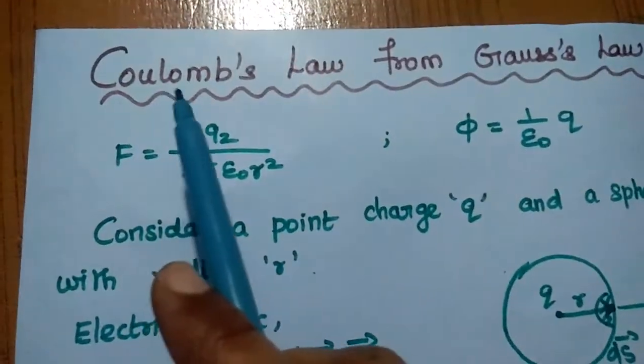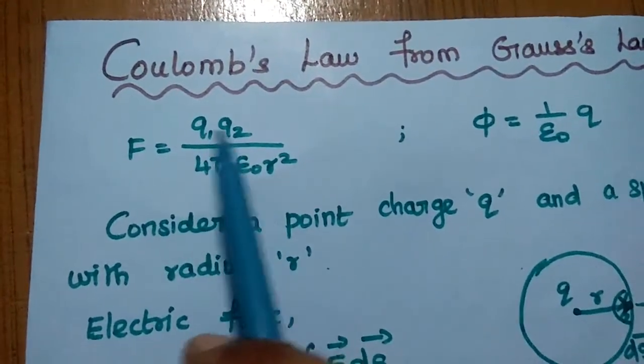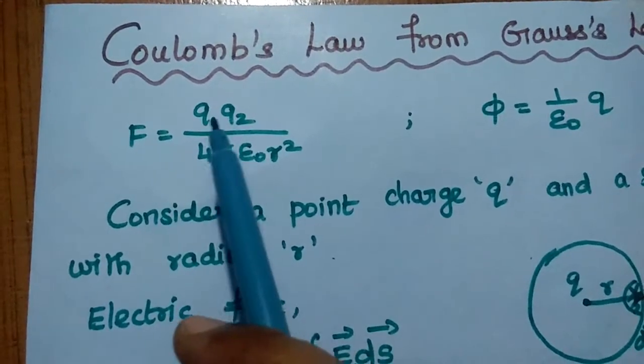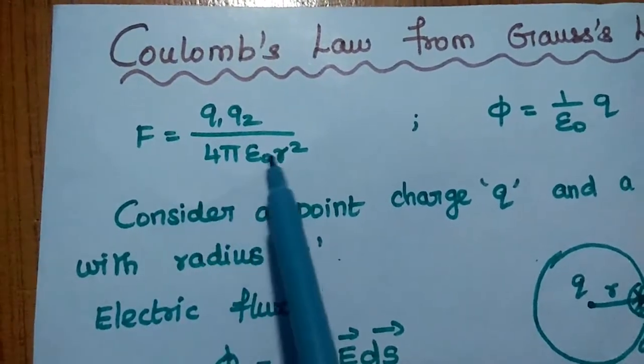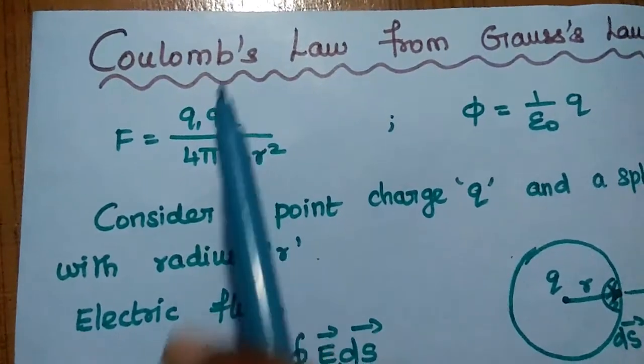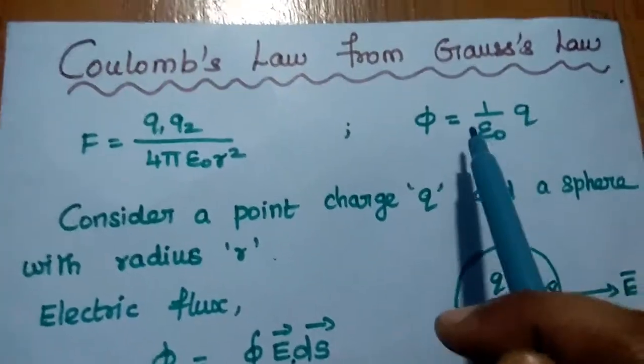We know that Coulomb's law states that the force between two charges is directly proportional to the product of the charges and inversely proportional to the square of the distance between them. That is Coulomb's law. Correct. Now Gauss law.